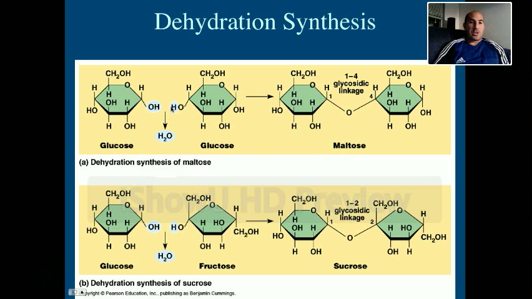Here we have an OH and an H, which is H2O pulling off, and that opens up a spot for the bond to happen. We've got a monosaccharide and a disaccharide. Here we have glucose plus fructose, the water comes off and we form sucrose. Monosaccharide plus monosaccharide equals disaccharide.